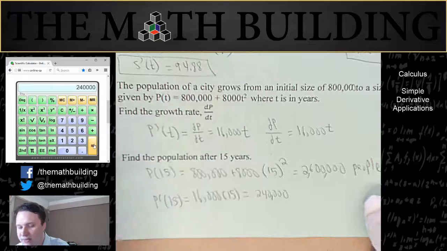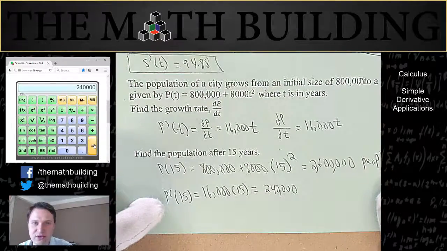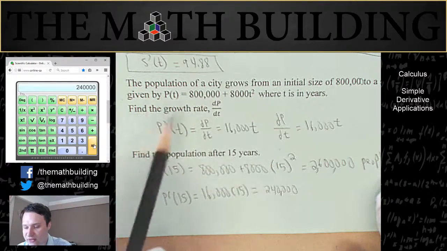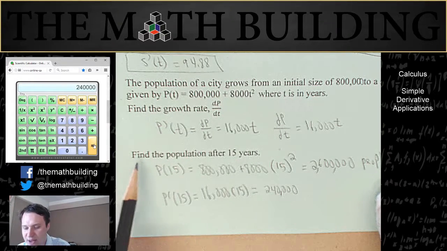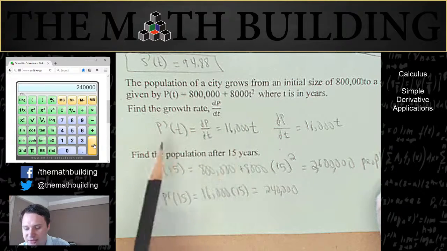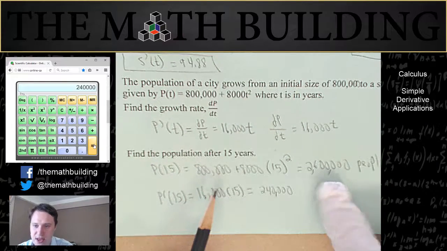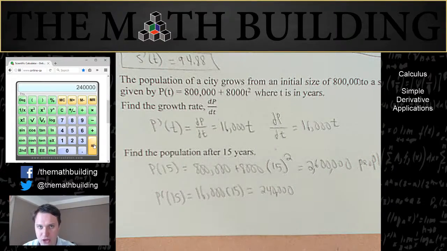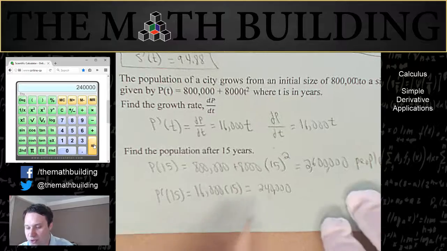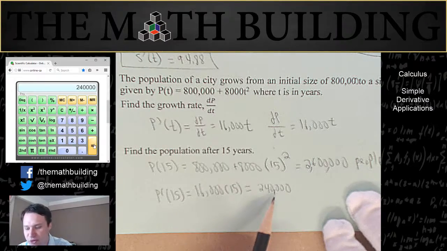So you need to know when to use the regular function and when to use the derivative function. So here they said this represents the population of the city. So if they ask how many people are there in 15 years, that population is just going to be this number right here. However, if we wanted to know the approximate rate of change at that 15th year, we see that that answer is 240,000.